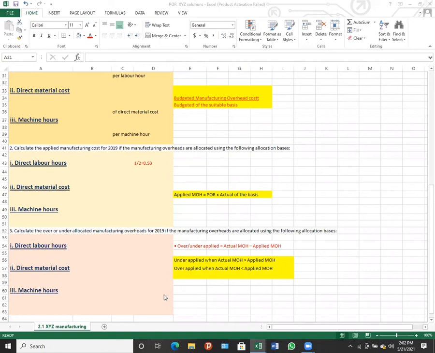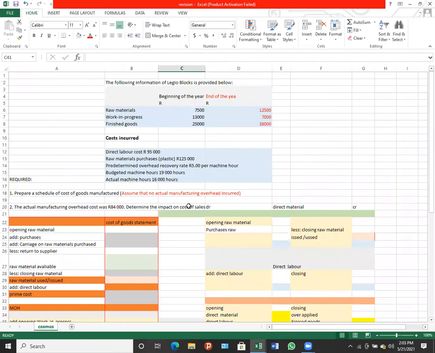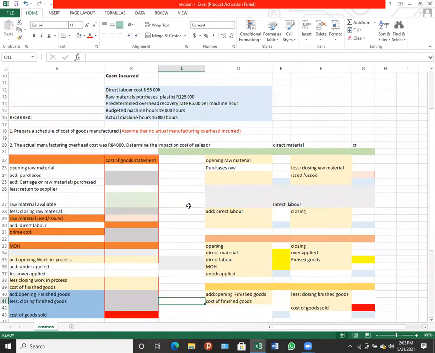Remember, last week in the manufacturing statement we were calculating the cost of sale. Let me show you. You can see my screen for the cost of goods statement, the manufacturing statement.